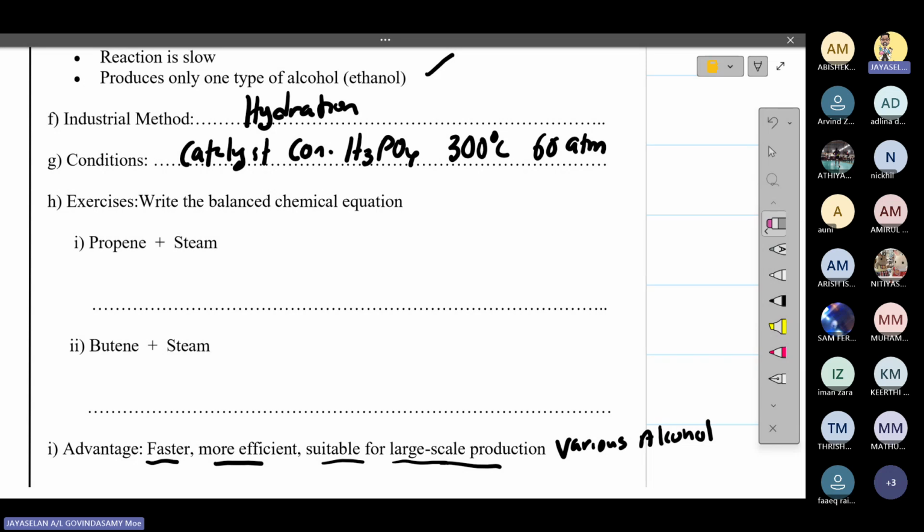Adian, after SPM you plan to do what? Kerja. Kerja, tak payah. First day you tidur 24 jam. Betul, sir. Bukan 1 hari, 5 hari tidur. Second day you throw all your pen. Or you do what? Donation. Okay?